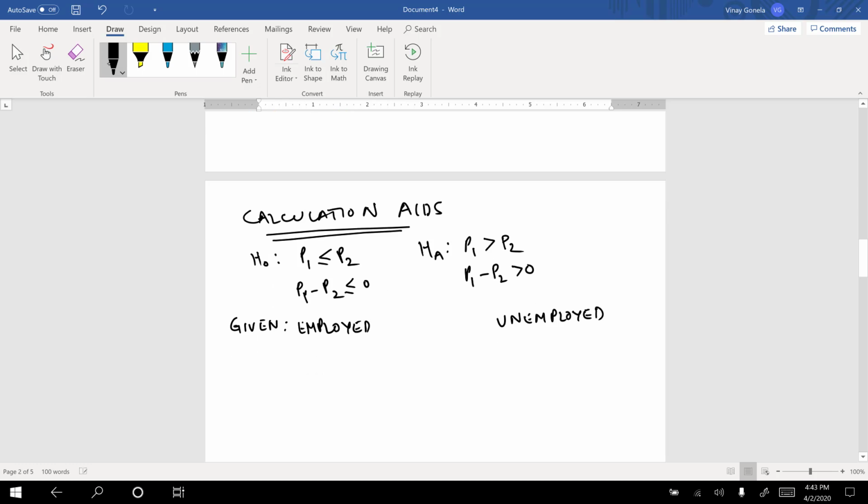So the data for employed: n1 is 475, x1 is 250. For unemployed: n2 is 516, x2 is 195, and alpha is 0.01.